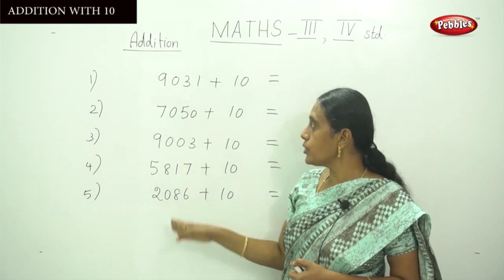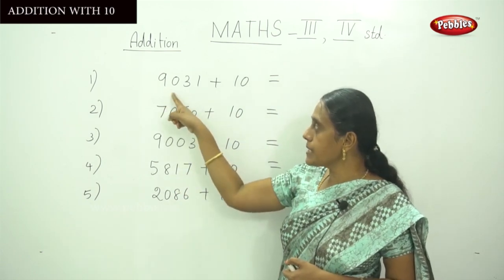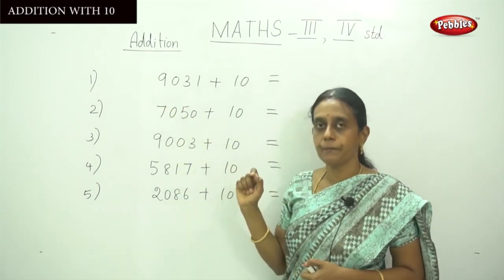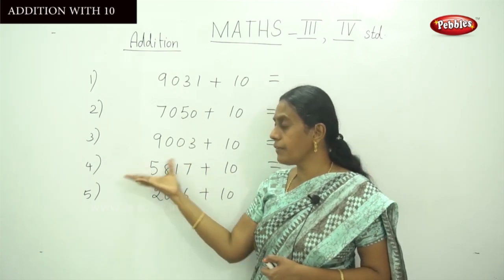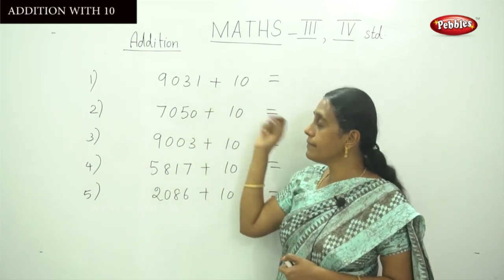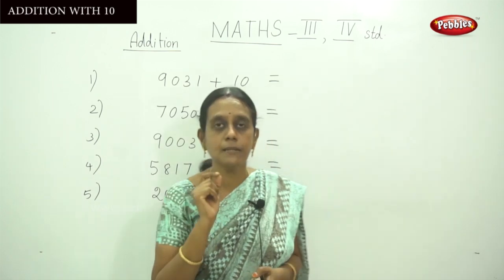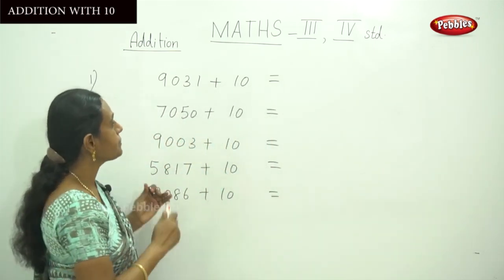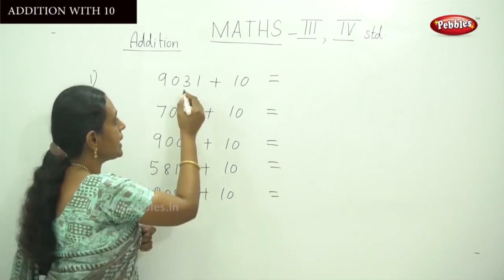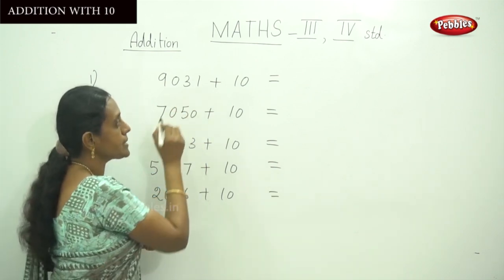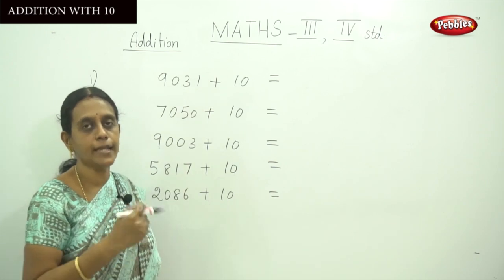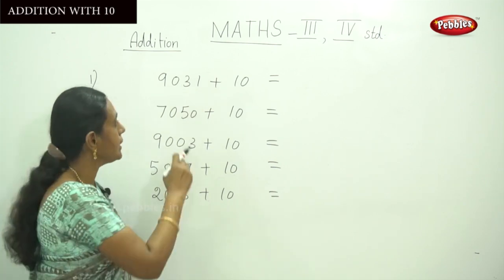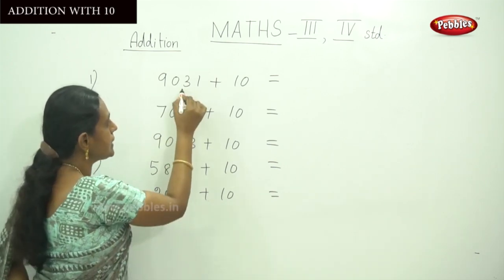So similar to the top, these are all 4 digit numbers. Whether it is a 4 digit number or a 5 digit number, adding with 10 is a simple technique to find the answer. Listen here, children, observe that you have to change the number in the tens place to the next 10. Here in all these numbers, this is the tens place.